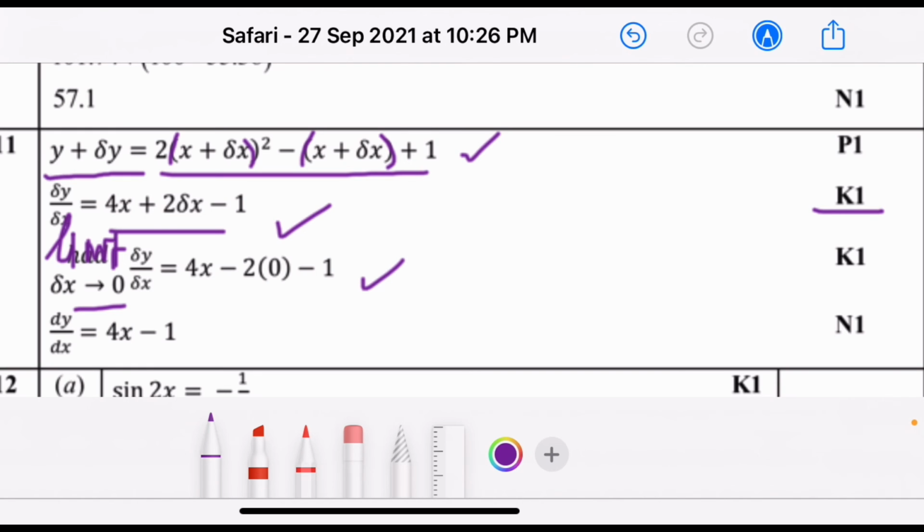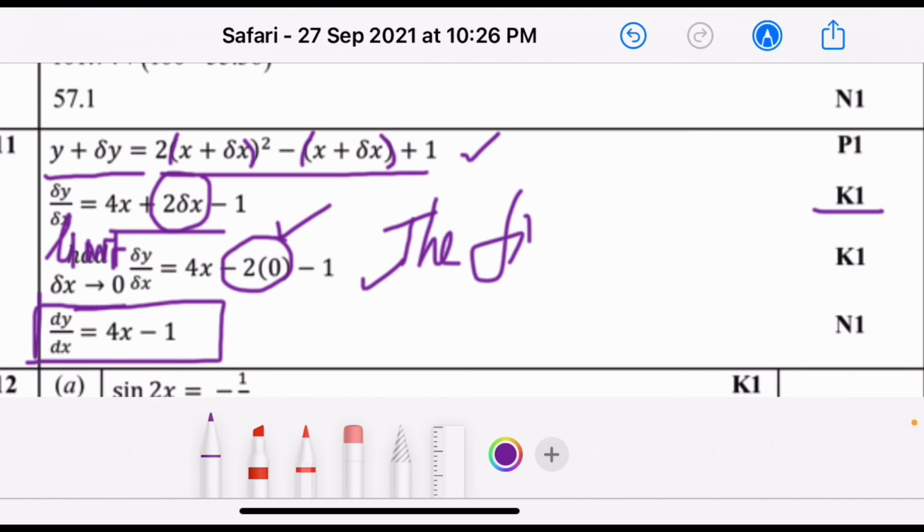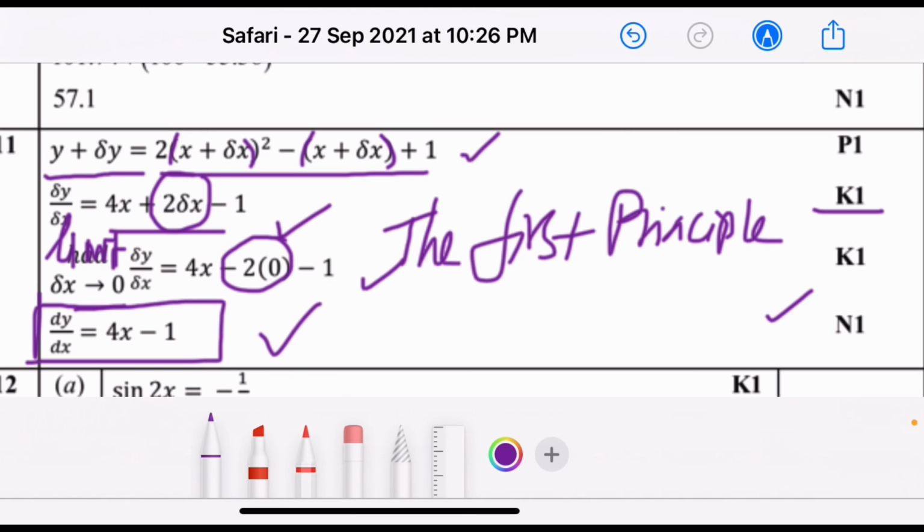It should be equal to 4x minus 1, because delta x approaches 0, so you can substitute delta x as 0. So finally, your first derivative using the first principle, which is always using the concept of the gradient of the line, is dy/dx equal to 4x minus 1.